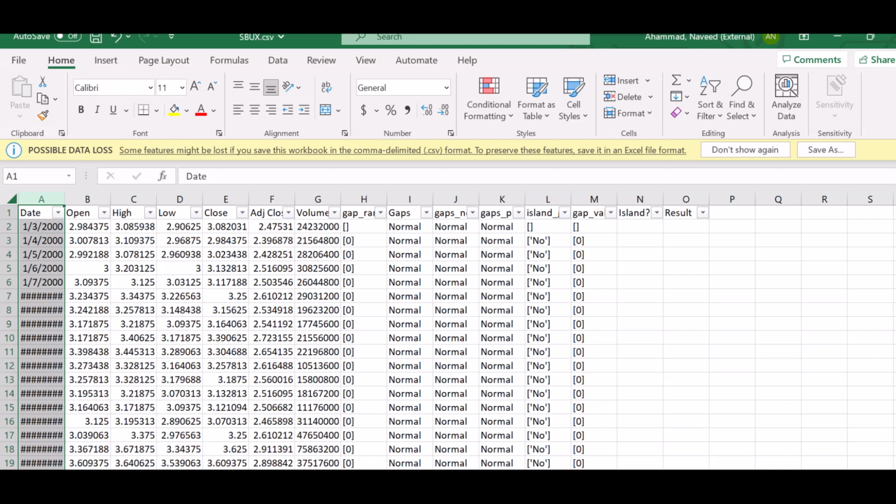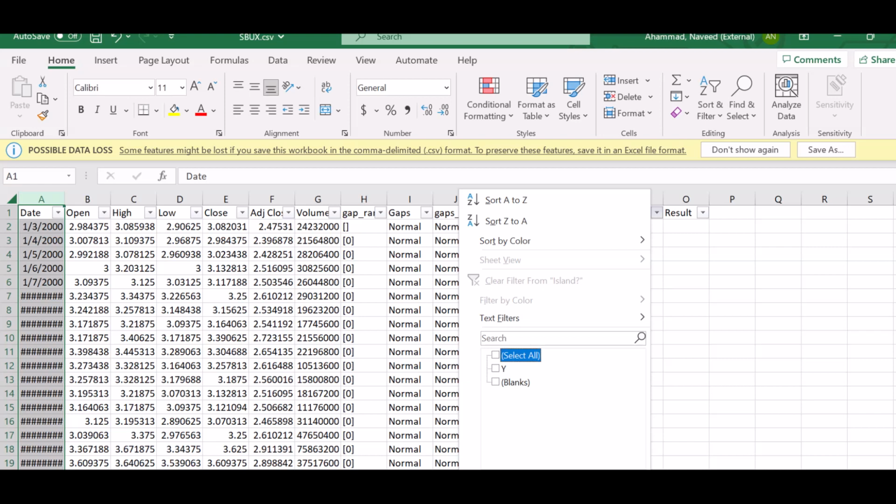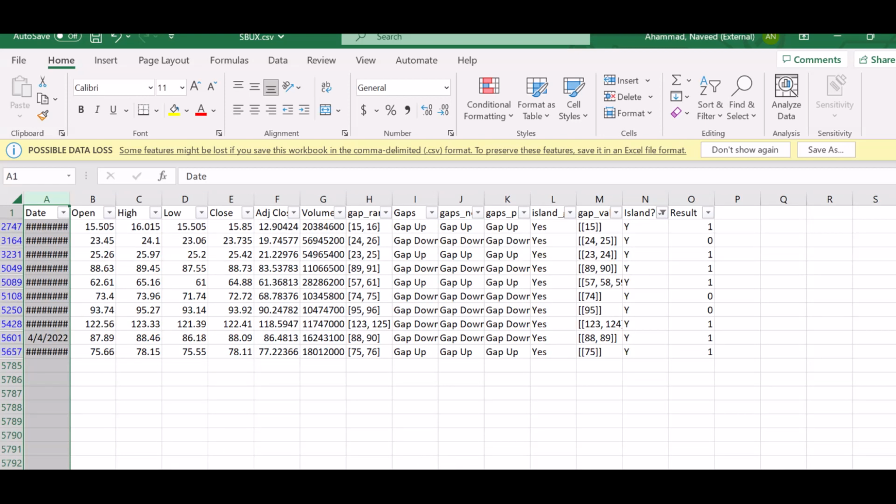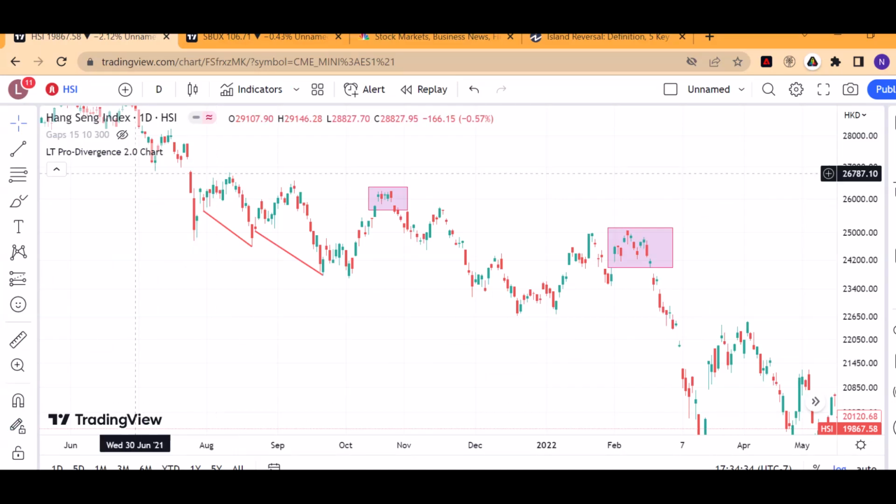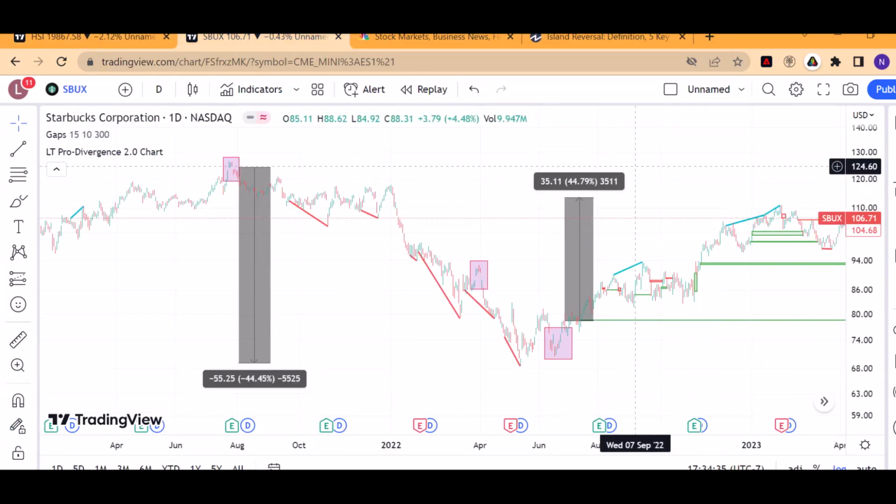We have around 5,700 days of trading data. These island patterns are like a phoenix, and you have to identify these phoenixes in the market. Out of those 5,700 data points, you hardly get 11 points. So these 11 are very significant.